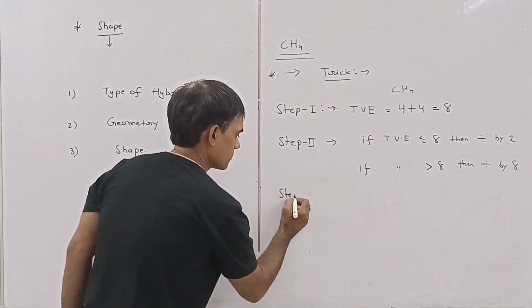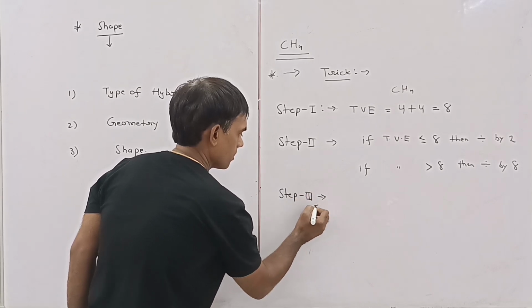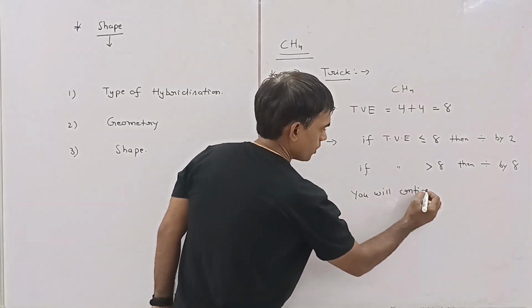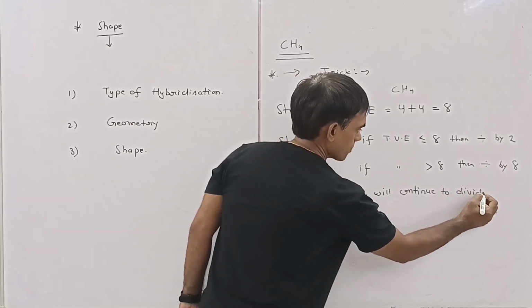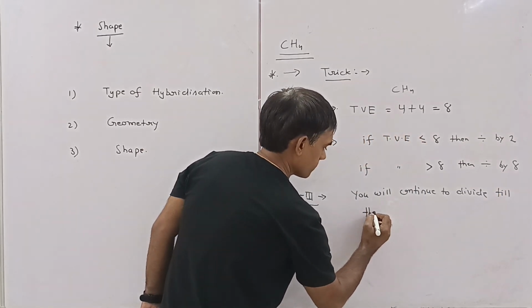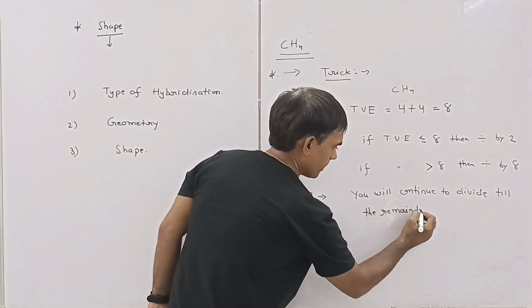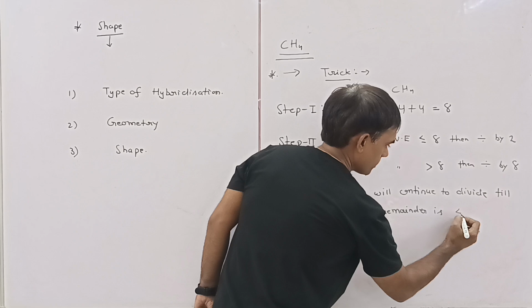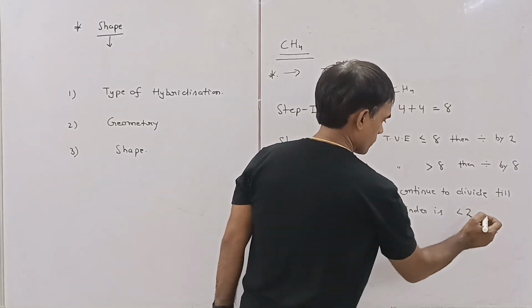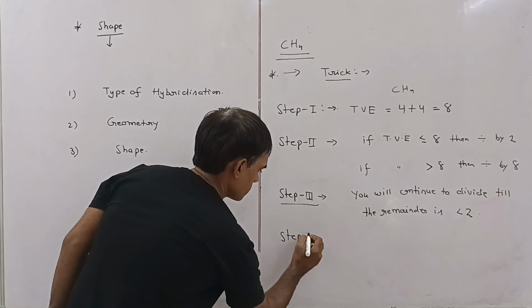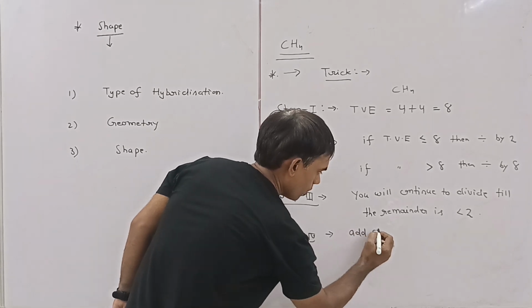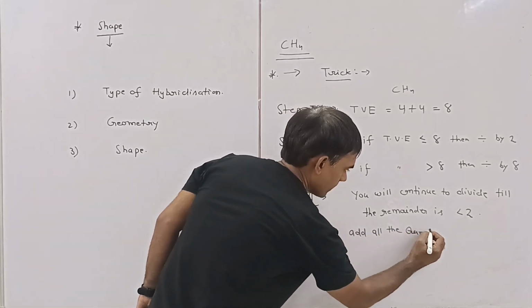Step 3: you will continue to divide till the remainder is less than 2. Step 4: add all the quotients.